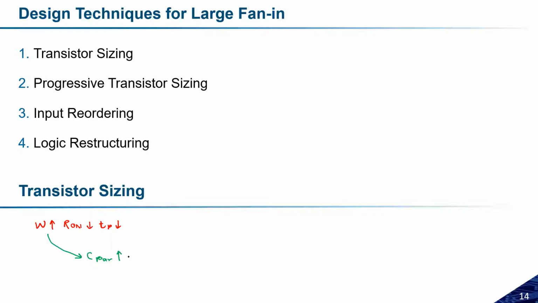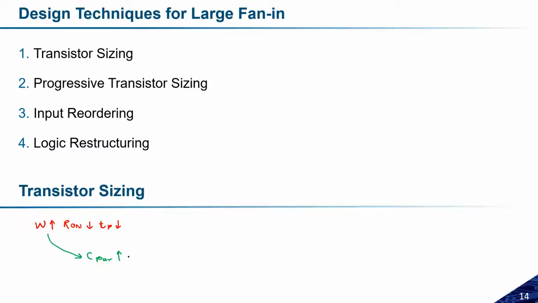Okay, so this is really very important to understand. We need to be very careful, especially if I am trying to reduce the propagation delay by increasing the width. No, it is not that simple. Theoretically, it looks very simple, just increase the width and reduce the resistance, and then you can reduce the propagation delay. But practically, some secondary effects come into the picture, and those secondary effects are the parasitic capacitances.